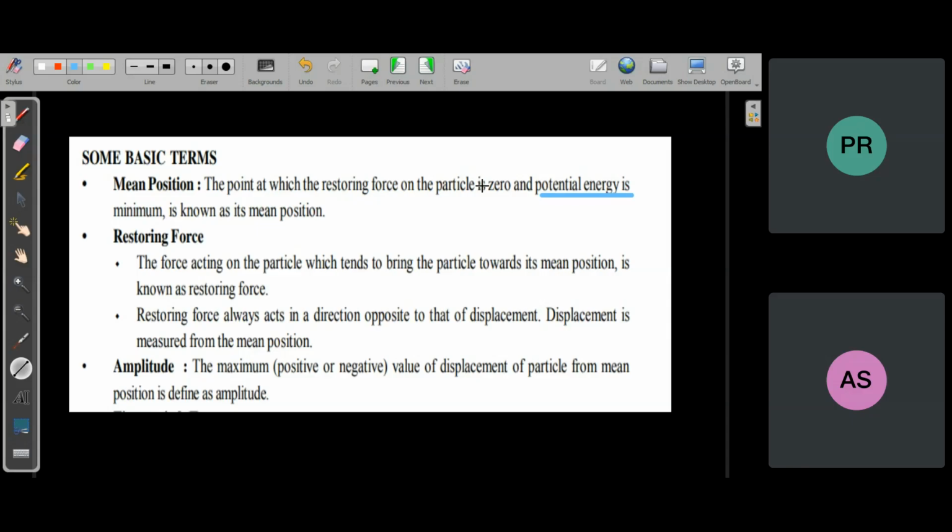And because the mean position is a position of stable equilibrium, the potential energy at mean position must be minimum. I'm not saying it must be zero, it must be minimum. Are you getting it?